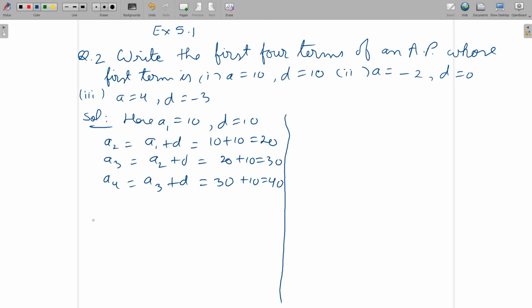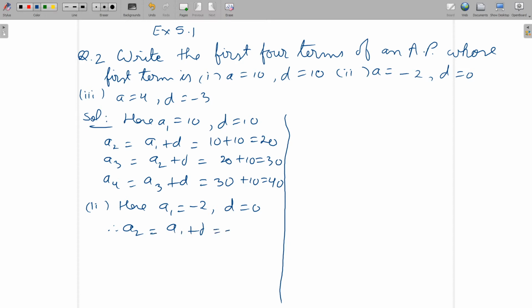It is a simple one. Similarly, the second part is done in the same way. Here A is to be taken as A1. A1 is minus 2. What is D? D is 0. So what is A2? A2 is A1 plus D. In the first term, if we add D, it is equal to A2.